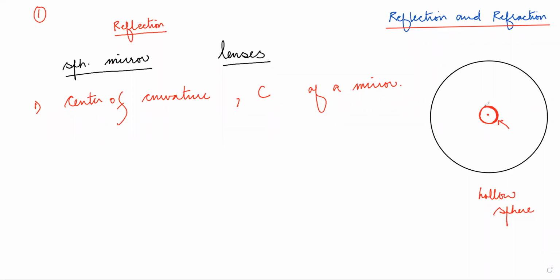If a spherical mirror is small like this and you extend it, it will become a hollow sphere. The center of that sphere will be the center of curvature.